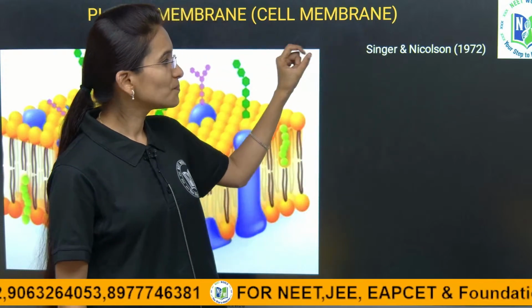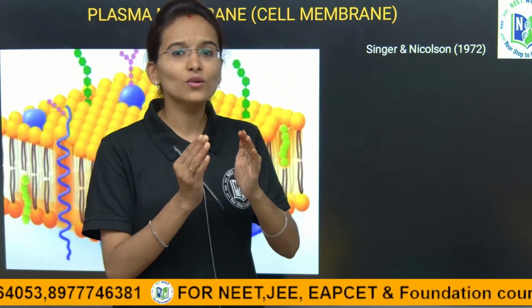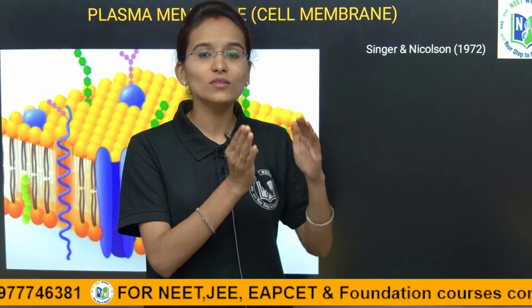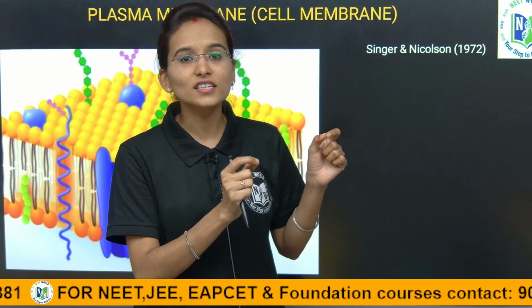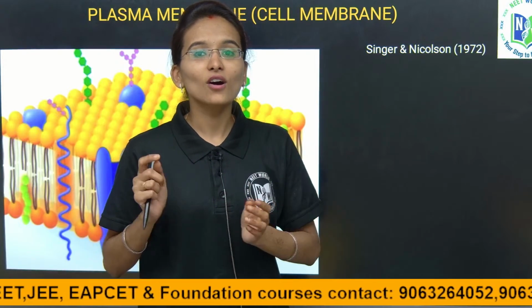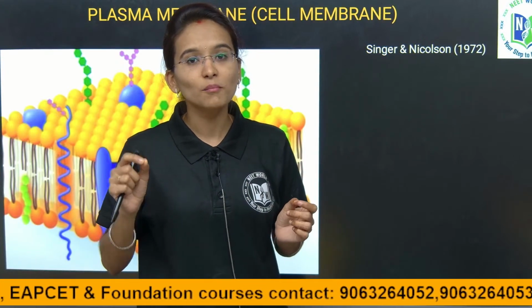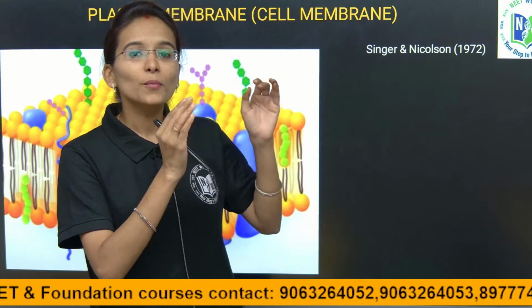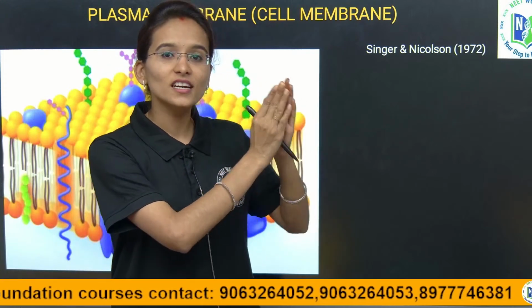Right, children? Outside the plasma membrane, the concentration of sodium is more. Inside the cytoplasm, the concentration of potassium is more. Clear? So potassium is less outside the cell surface.